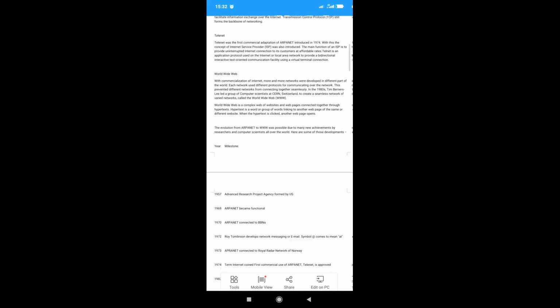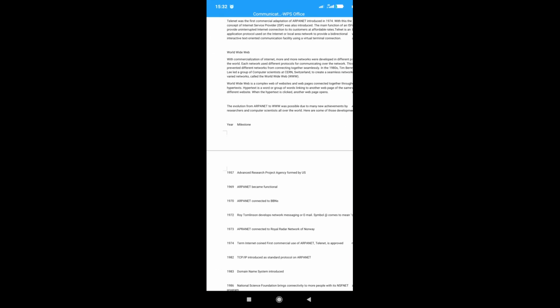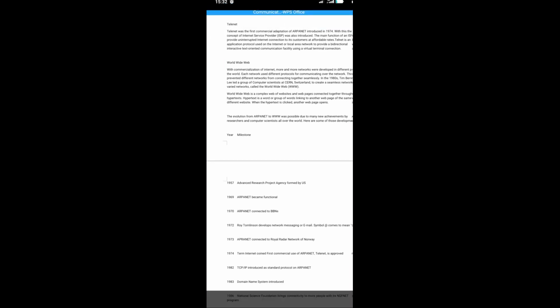The first breakthrough in the telecommunication world was in the year 1957, which brought about the ARPANET, the Advanced Research Projects Agency, formed by the US.